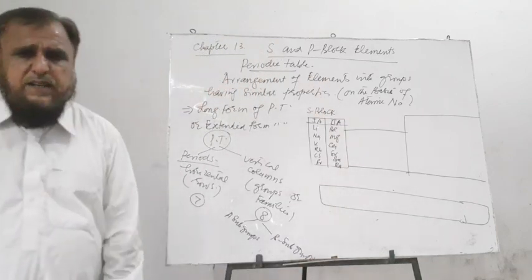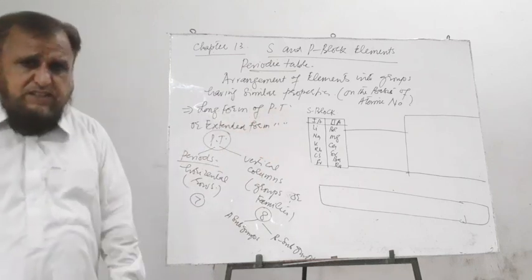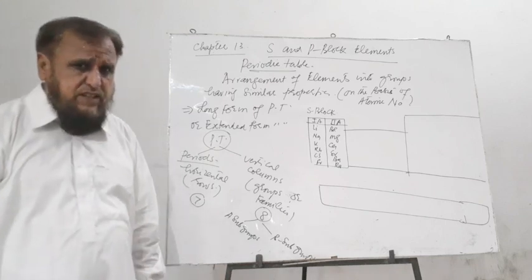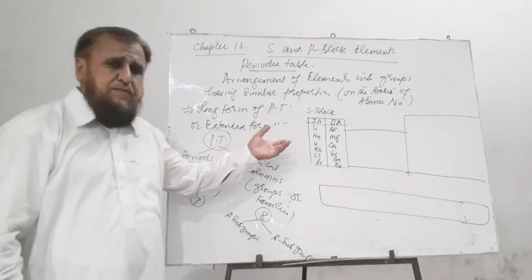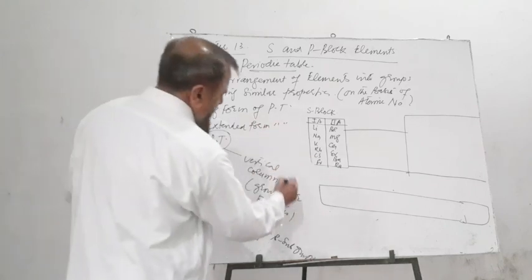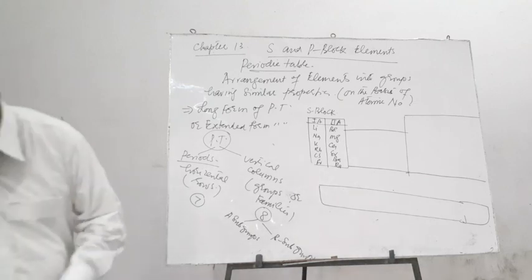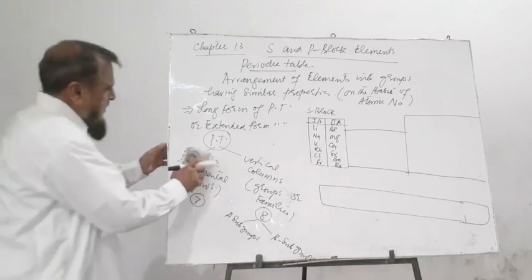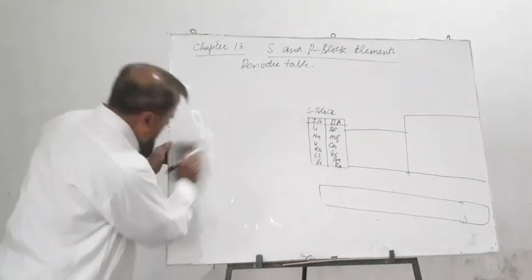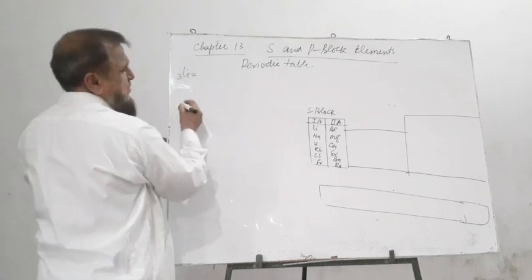Why are they called S block elements? They are called S block elements because when we draw their electronic configuration, the last electron, which is also known as the distinguishing electron, enters the s orbital. For example, let us consider lithium, atomic number 3, which is present in group 1A.